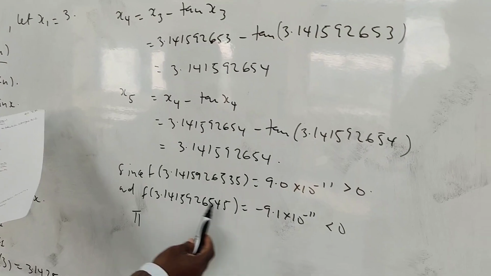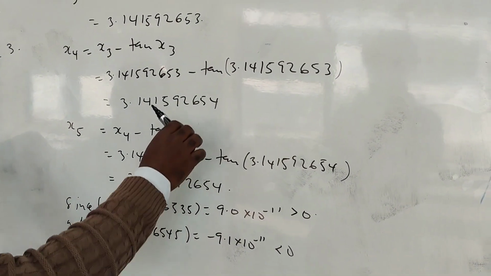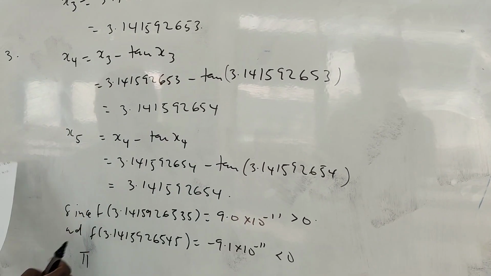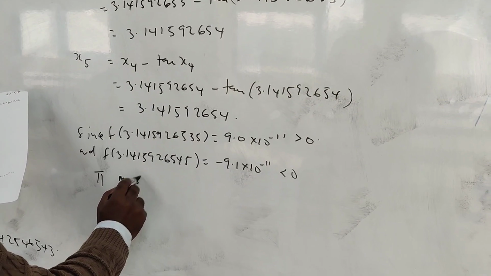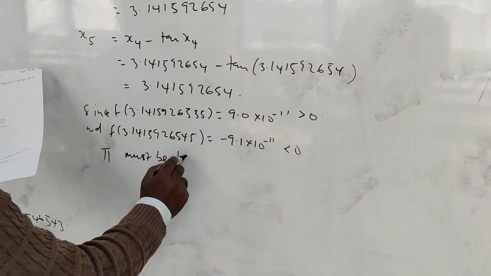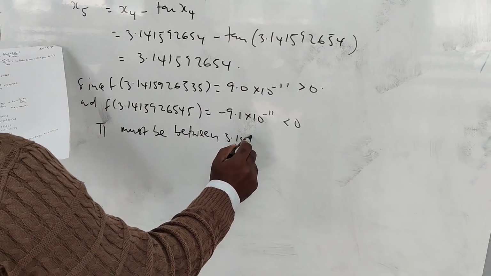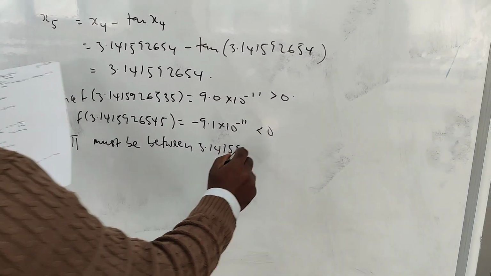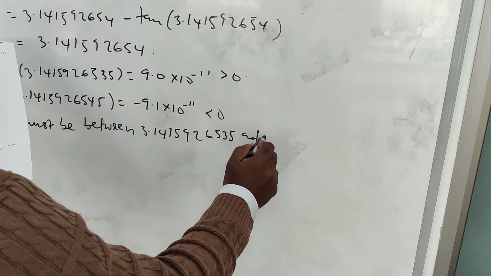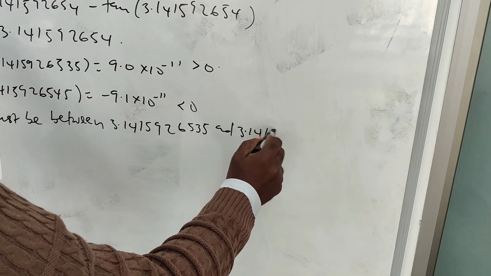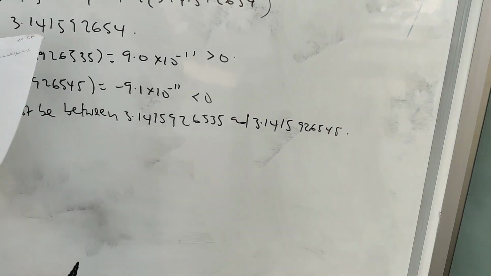The steps are getting closer and closer, so we can take that pi must be between these two values.